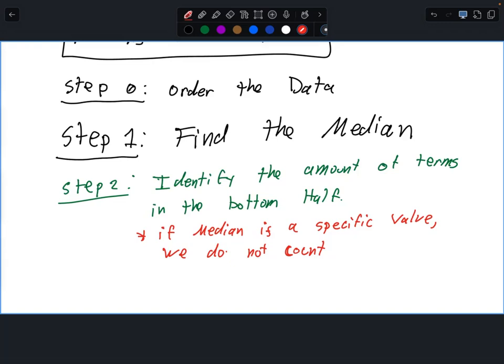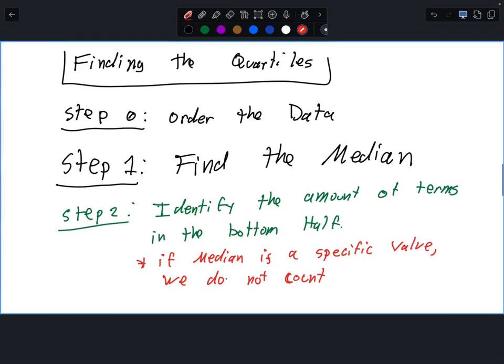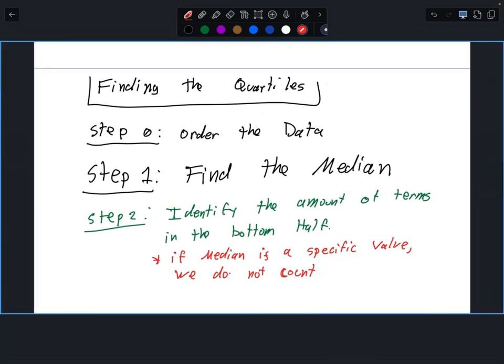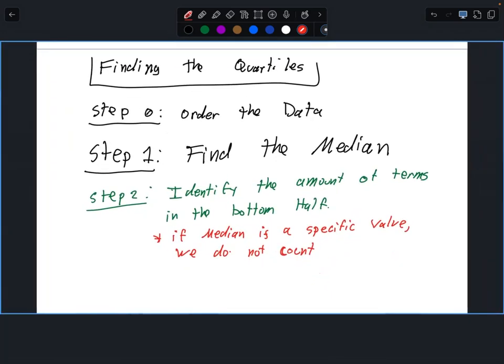We're going to do an example. N is 11, so 11 plus 1 is 12, divided by 2 is 6. So the 6th term is the median. If the 6th term is the median, how many terms are in the bottom half? There's 5. We do not count that term.